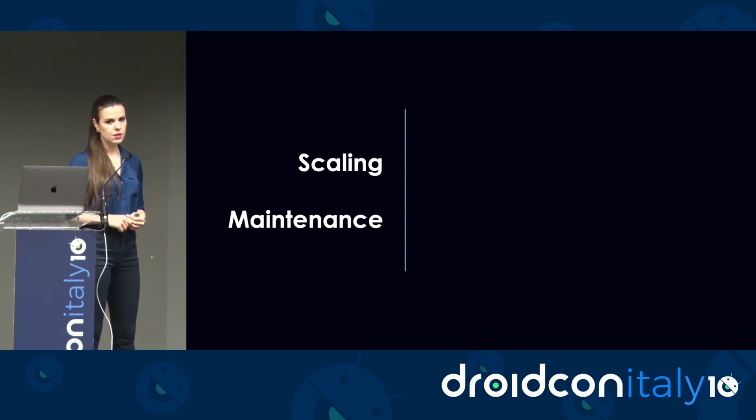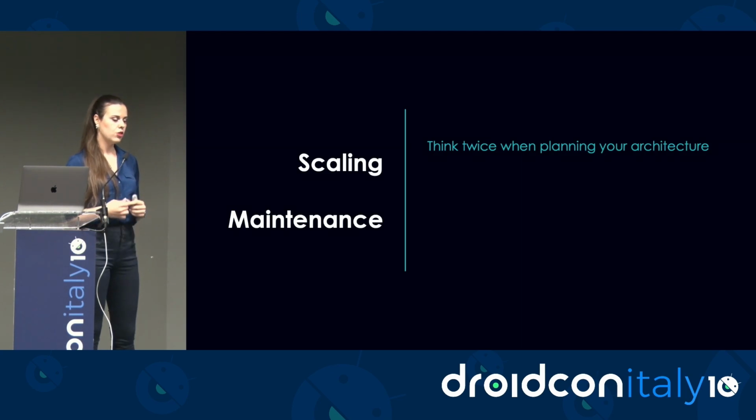And here are my 3 tips about how to stay on the good side of code quality. First one is, I would say that you should always take your time to think well about the architecture and not rush into coding. We all want to shorten our time to market, right? We all want to see results, but believe me, taking your time to plan your architecture properly will save you a lot of time later.